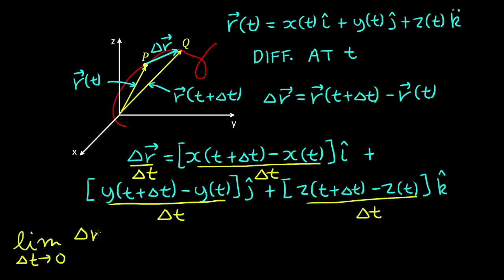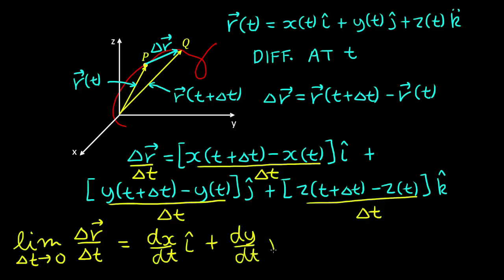So we have the limit of delta r over delta t. Well, the limit of this term as delta t goes to 0 is equal to the first derivative of x with respect to time, because the unit vectors representing the axes do not change in magnitude or direction with respect to time. And this term becomes dy/dt in the j direction, and the third term is the rate of change of z with respect to time in the k direction.